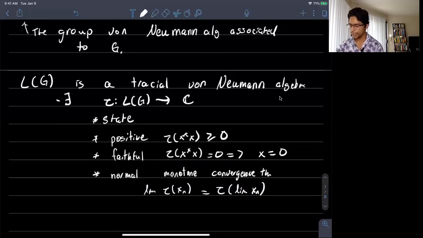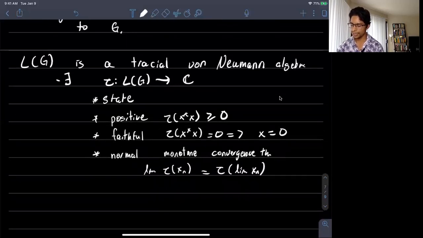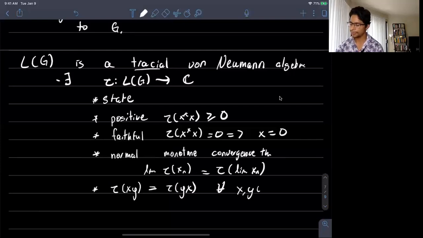I'm not going to dwell too much on that, because the real important part here is the tracial part. This state satisfies the following property: tau of xy is the same as tau of yx for every x and y in L of G. Sorry.